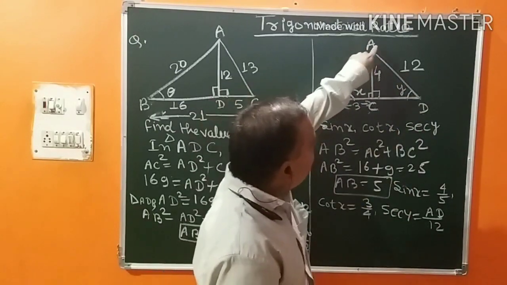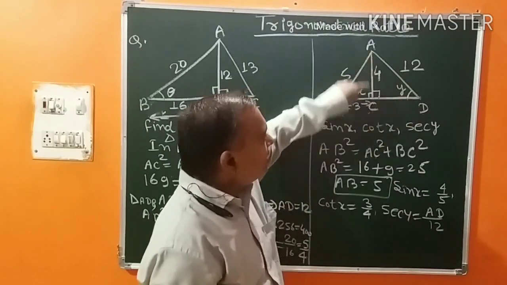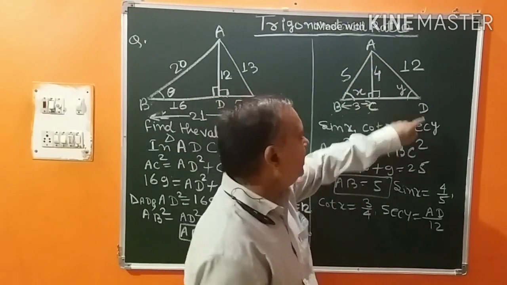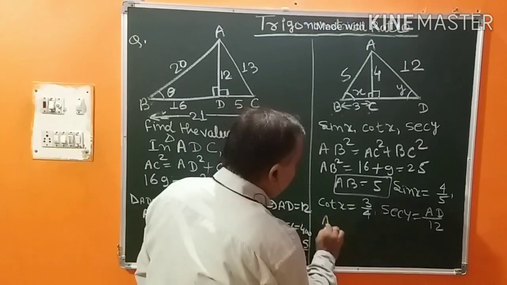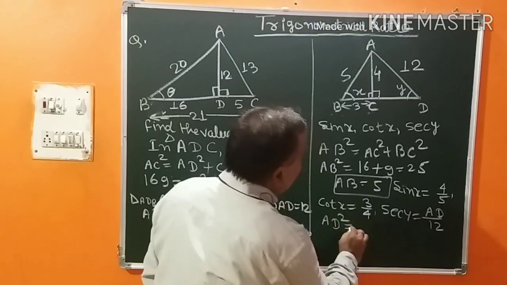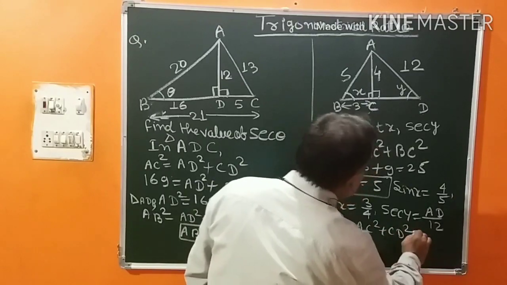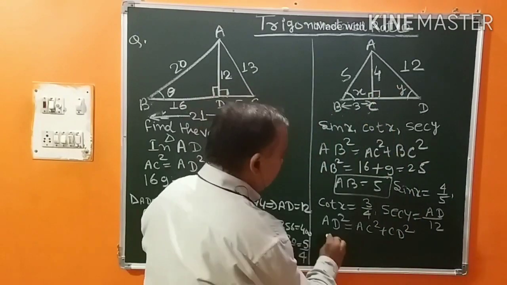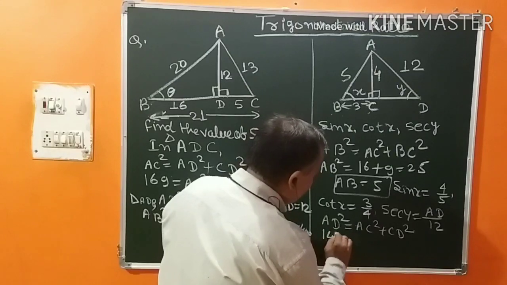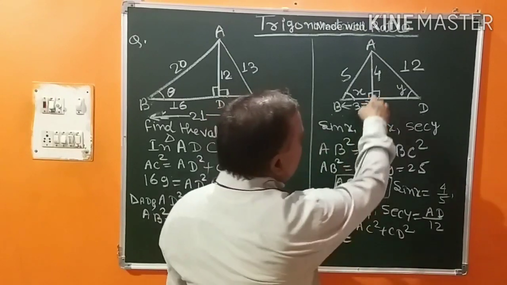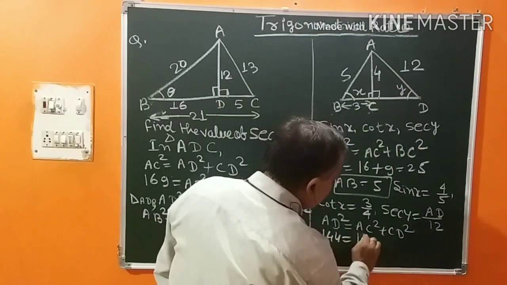So we will write AD square equal to AC square plus CD square. The value of AD, that is 12. So AD square will be 144. AC is given, that is 4. So square will be 16.